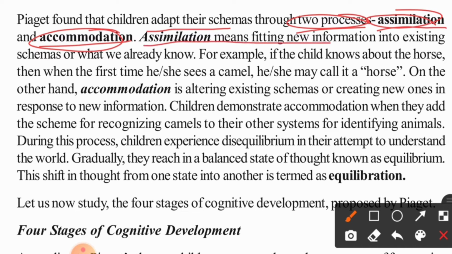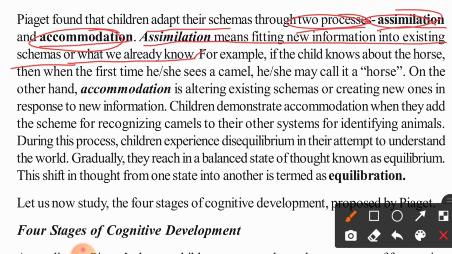Assimilation means fitting new information into existing schemas, or what we already know. In simple language, the dictionary meaning of assimilation is to fully understand an idea or some information so that you are able to use it for yourself.